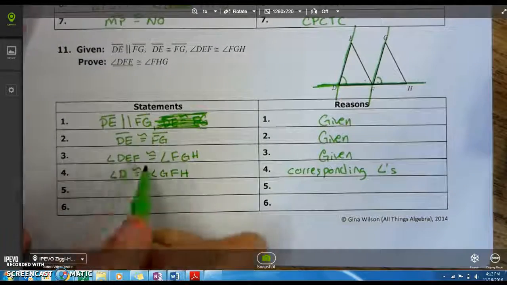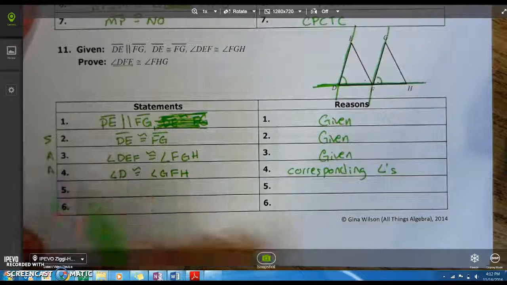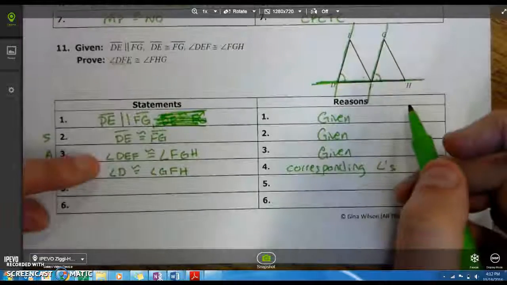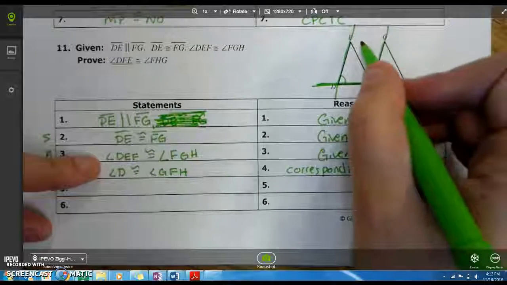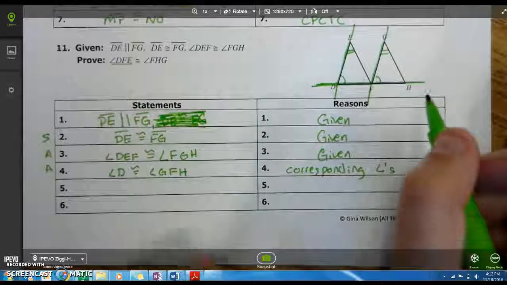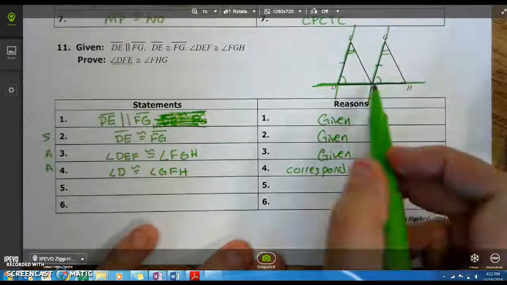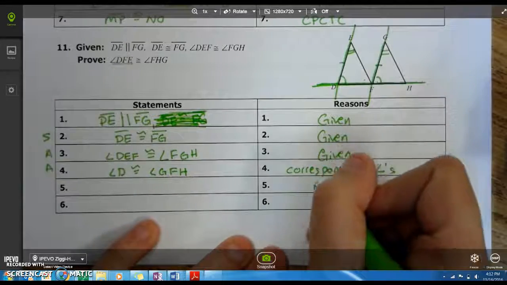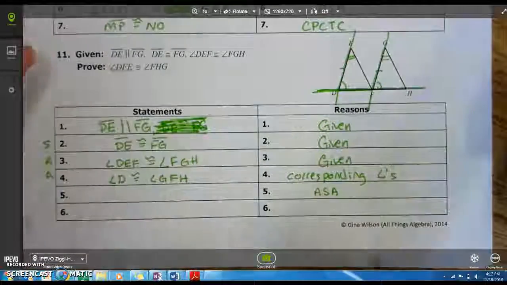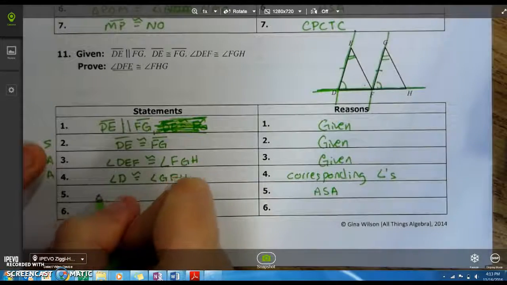So now I've got one side and two angles again. Let's label this angle that they gave us. DEF, that's going to be this one and this one. And the side they gave us is DE. So we've got angle, side, angle again, right? Okay, and that told me that my triangles were congruent.